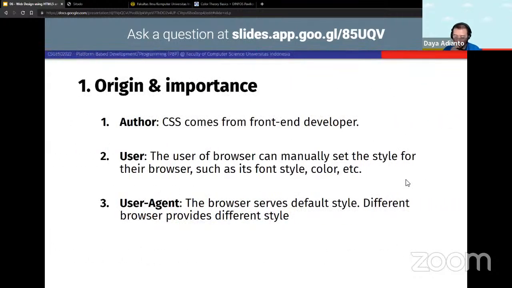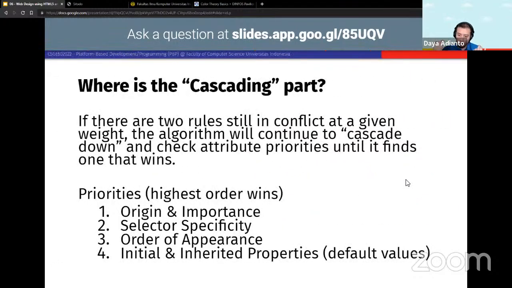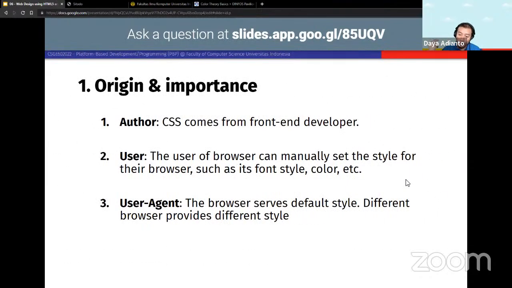So the highest order here will override the rules defined in the lower orders. In terms of origin, you can define the CSS like the one that you provide in your application, so the one that is coming from the CSS you wrote.